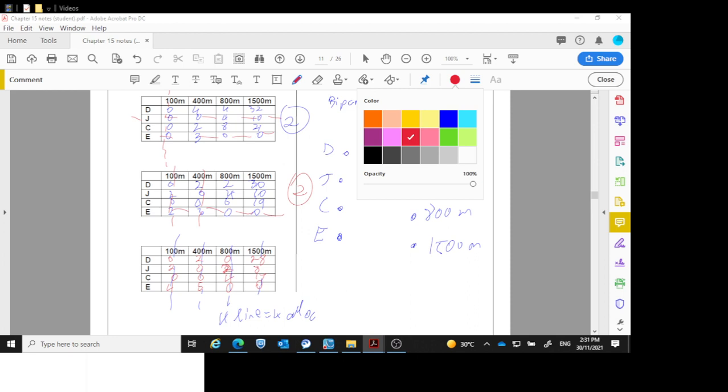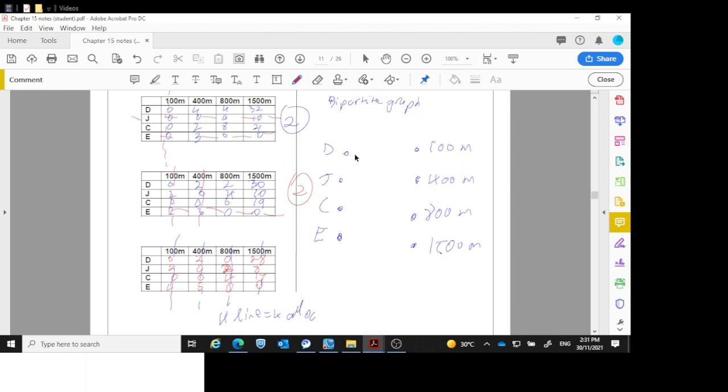D can only go to the 100 meters or the 800 meters. J can only go to the 400 meters, the only one where there's a zero. C can go to the 100 meters or the 400 meters. And E can go to the 800 meters or the 1500 meters.